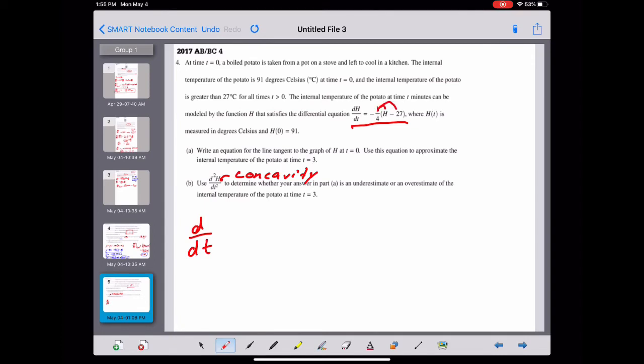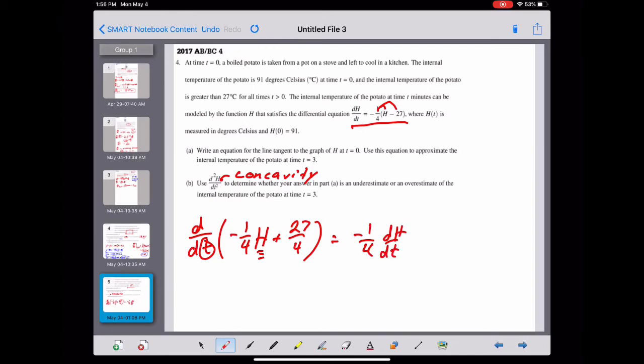So we're going to be taking the derivative of negative 1/4 h plus 27/4. Which that derivative really is pretty easy because the derivative of negative 1/4 h is just negative 1/4. And the derivative of a constant is 0. But don't forget, we're taking the derivative of h with respect to time. So we need to include dh/dt in here.